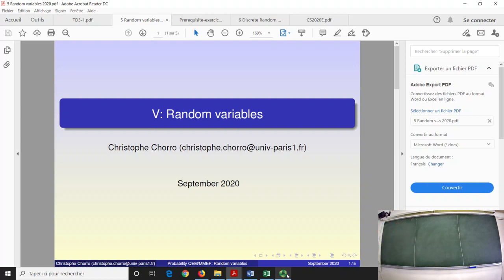So I consider a fair coin. I have 2 possible outcomes when I flip a coin. Omega is equal to head or tail, so a classical coin.